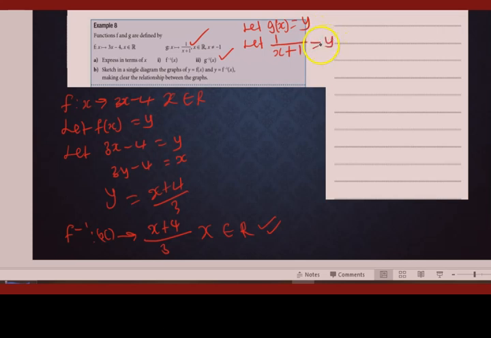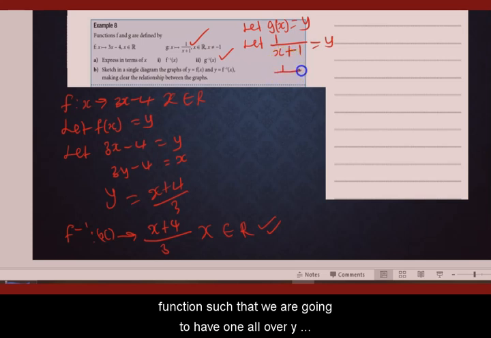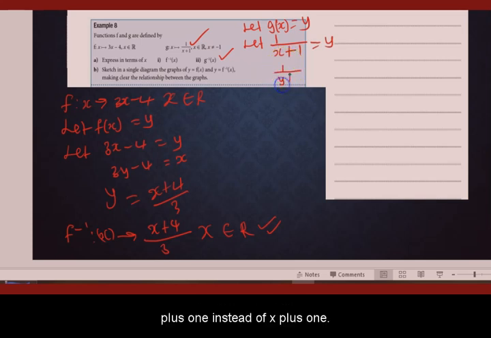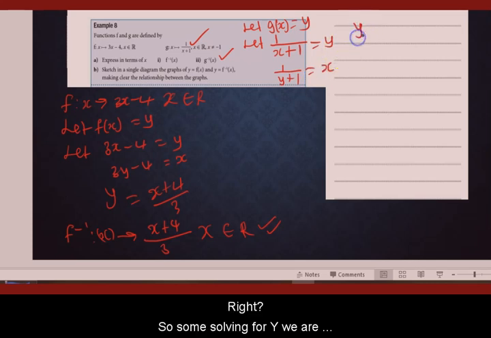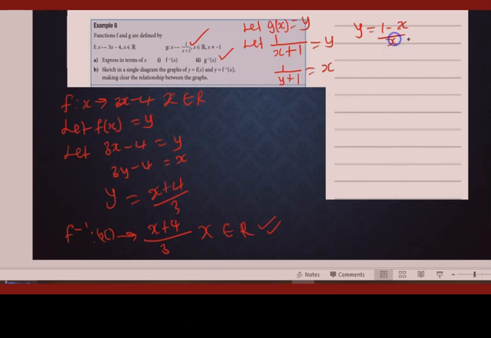Now we change x to y and y to x, the inverse of a function, such that we have 1 over y plus 1 instead of x plus 1. So this becomes equal to x. Solving for y, we rearrange in order to get y in terms of x. So y is equal to (1 minus x) divided by x.